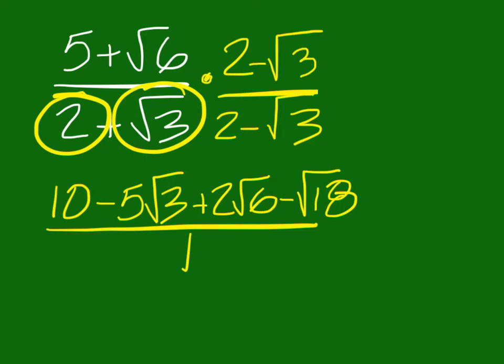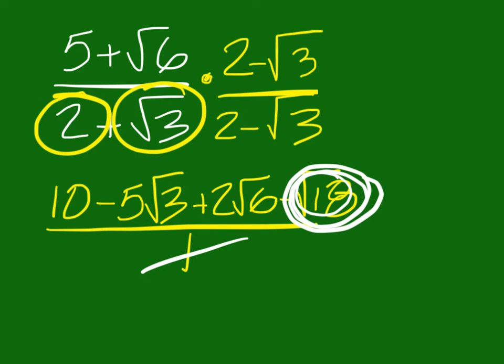Now check what you have. 10, 5, 2, 1, and 1. Nothing will go into all of those except 1. You have a 1 on the bottom which will go away. You can't have a denominator of 1. This must be simplified. It's the square root of 18. Can't take all that out.